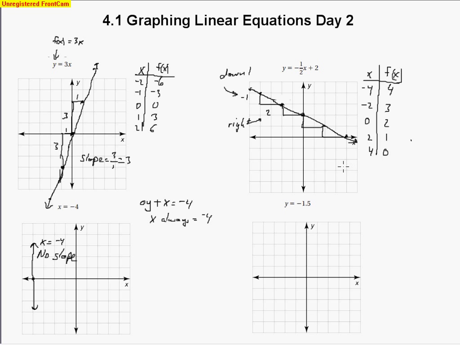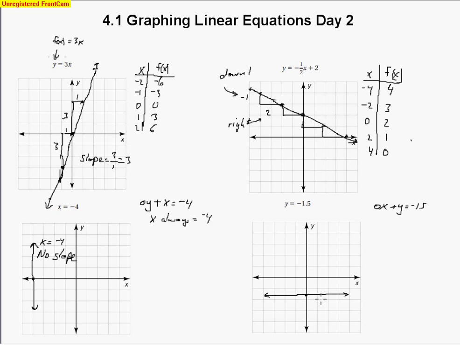So from this point, I end up having to substitute 0 in for x, or 0 is the coefficient of x because there's no value that's being multiplied by x. There's no x there, so we see that 0 times x must be that number since we don't see an x. And then we have plus y equals -1.5. So I'm going down 1.5 spaces right there, and it's just going to be a horizontal line going right through y at -1.5.